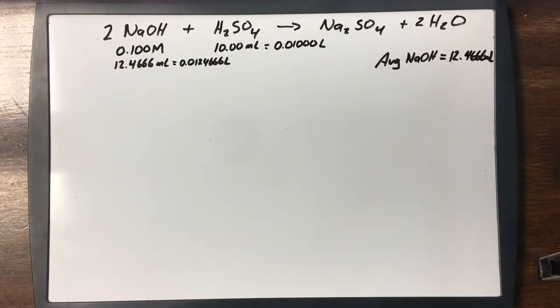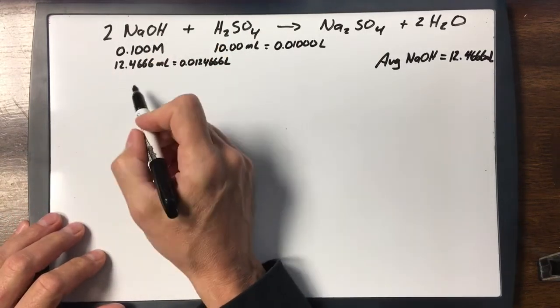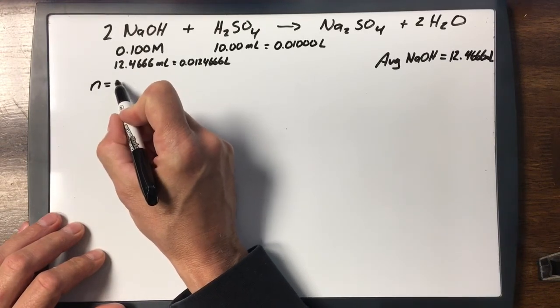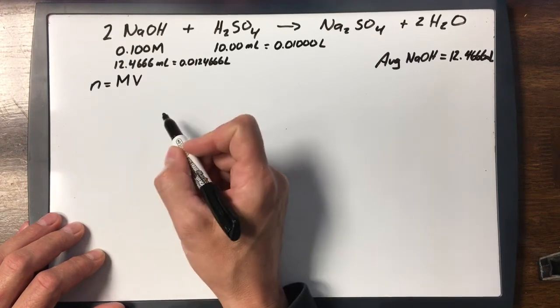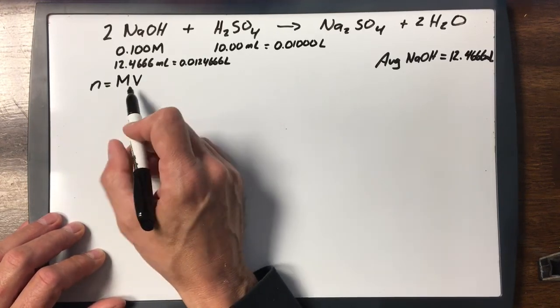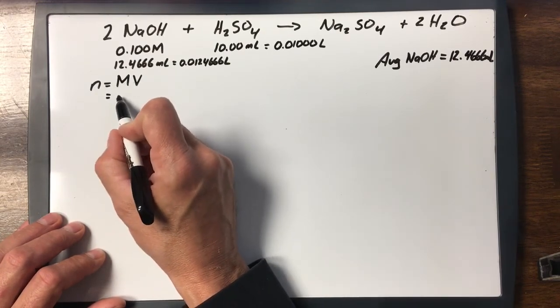Now, just like with our previous calculations in any stoichiometry problem, we're going to take our given information and convert that to moles. In this case, the concentration equation, the molarity, is equal to the number of moles divided by volume. We're going to rearrange that. We're going to take the molarity and multiply it by the volume to calculate the number of moles.